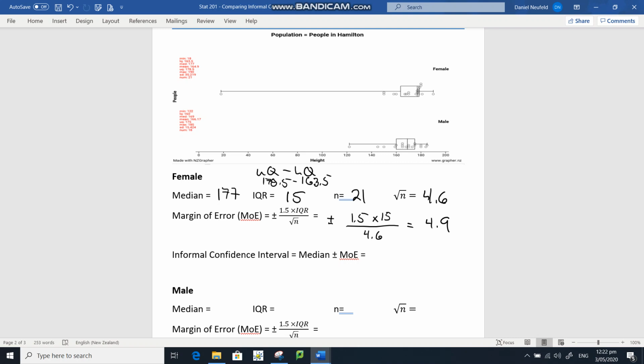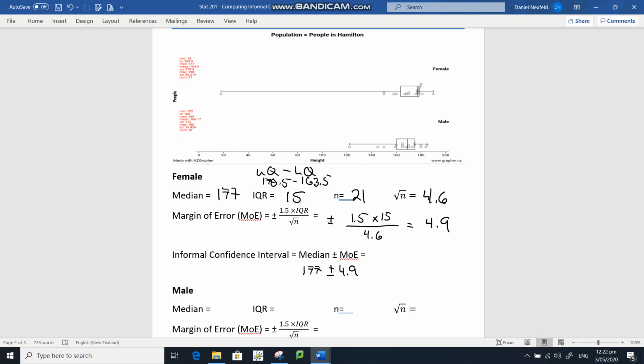Okay. So what they're saying is, if this is the median here, then if I go 4.9 this way and 4.9 that way, the true median of the population should be in there. We're pretty sure, 90%. Okay. So when I work that out, the median we said was 177. 177 plus or minus 4.9.